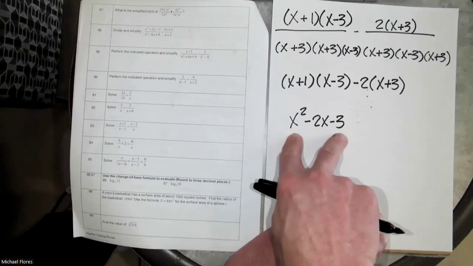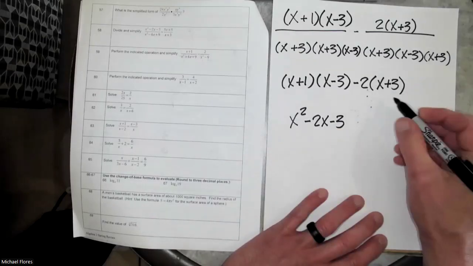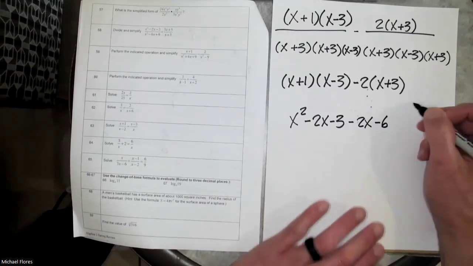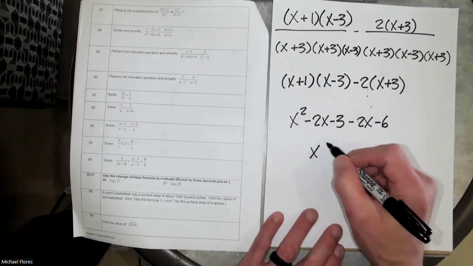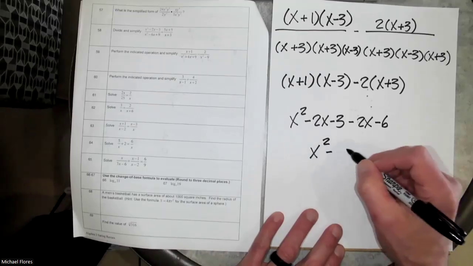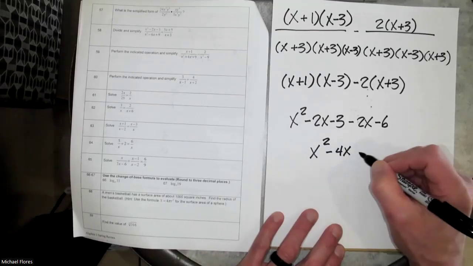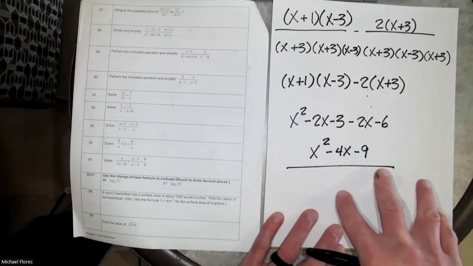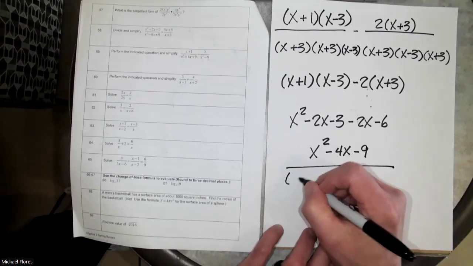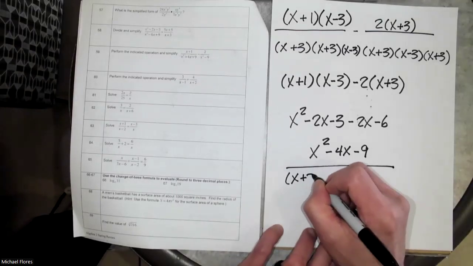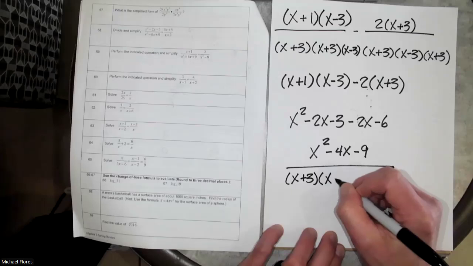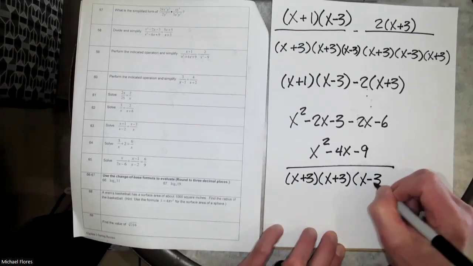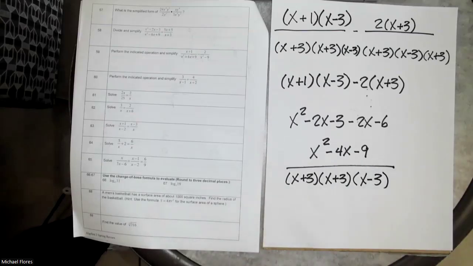If you FOIL and combine like terms, that's what you would get. Here I need to distribute the -2. All right, combine any like terms. Okay, now I have fully simplified my numerator, and now we can bring back the common denominator. And now we have our final answer.